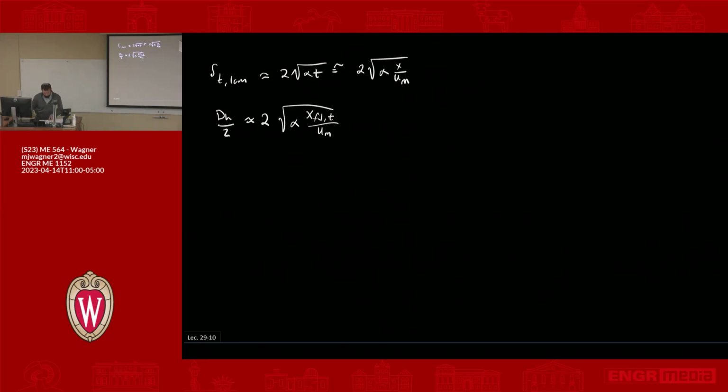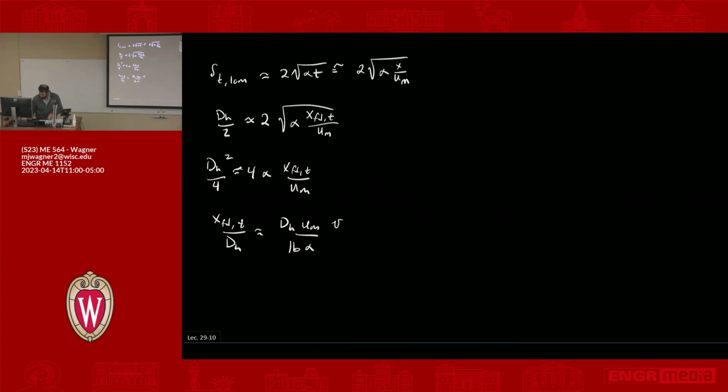Okay, so with that, we can start solving for XFD and do a little bit of algebra. So let's say dH squared over 4 is equal to approximately 4 alpha x FD t over um. So I just squared both sides. And then solving further, we would get what? XFD t over d sub h is approximately d sub h times um over now 16 alpha.